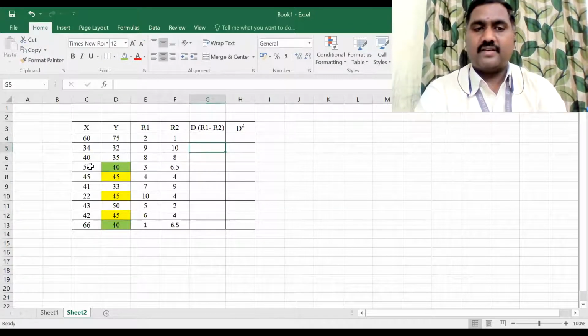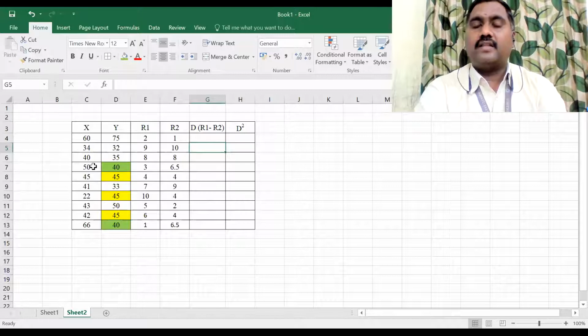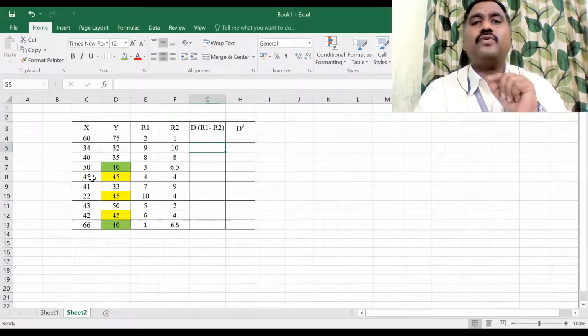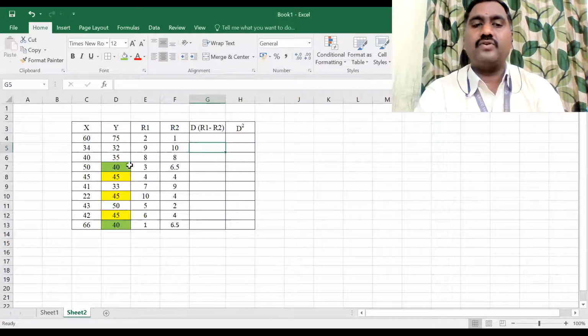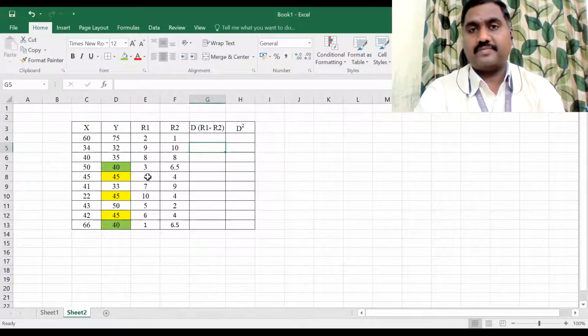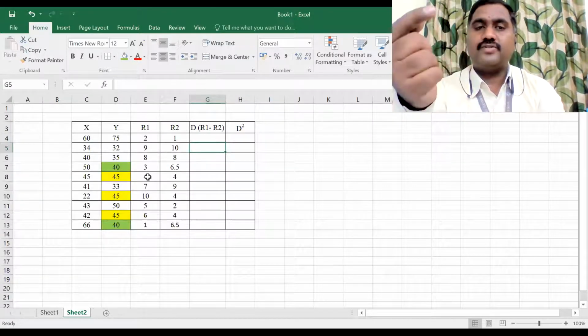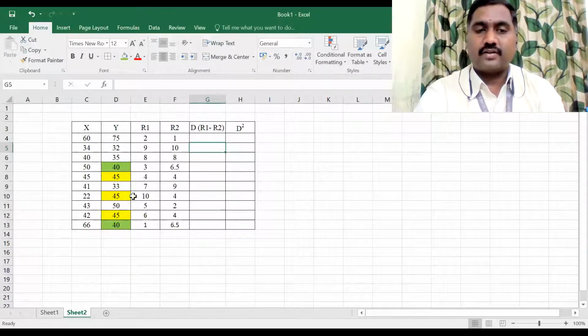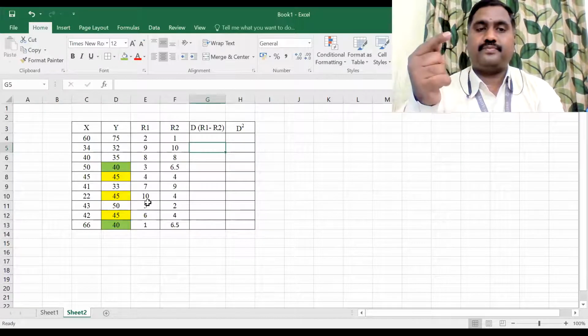Now 50 is there, and one more 50 is there instead of 45. That means the third position is 50 and the fourth position is also 50. So 3 plus 4 is 7, divided by 2 is 3.5. So you mention 3.5, 3.5. The third and fourth positions are gone, so next you assign the fifth position. Fifth position is 43. Like that you should go.